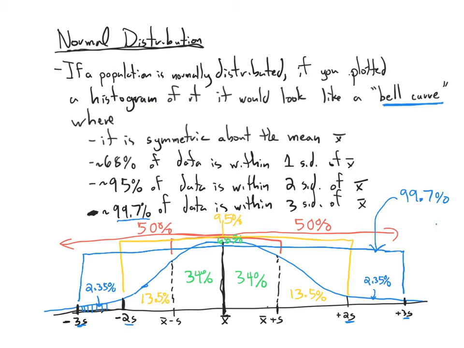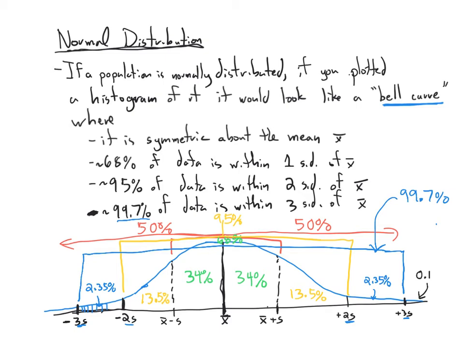So that tells me out here there's only 2 regions left, more extreme than 3 standard deviations on either side. Well, if there's 99.7% within 3 standard deviations, there's only 0.3% outside, and it needs to be split in 2.